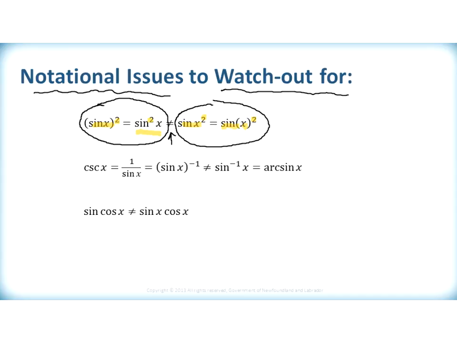Now let's see the second thing. Remember that cosecant is the reciprocal of sine, and since it's a reciprocal, we could write it as an exponent of -1, but we're not allowed to put that exponent in here like we could with the 2. They're not equal, because that's actually the inverse sine or the arcsine. It's one of my biggest pet peeves in mathematical notation, that this is really inconsistent.